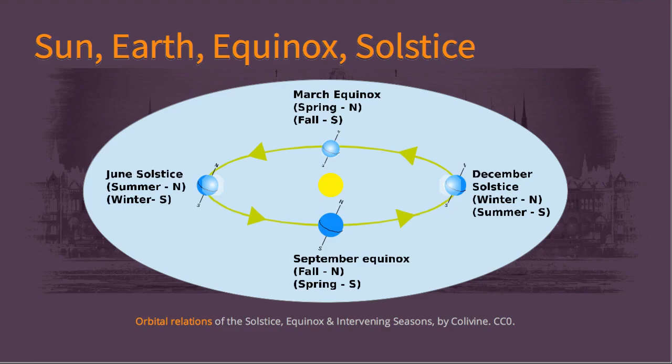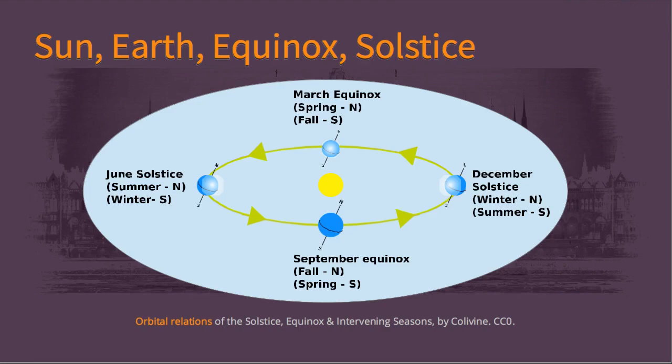And you can see that in the solstices, the Earth is at a point in its orbit where one pole is inclined as much towards the sun as it's ever going to get, and the other pole is inclined away from the sun. And at the opposite solstice, that reverses itself. So the December solstice is winter for the Northern Hemisphere, and the June solstice is summer for the Northern Hemisphere.